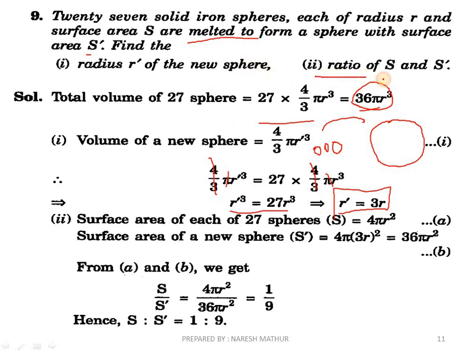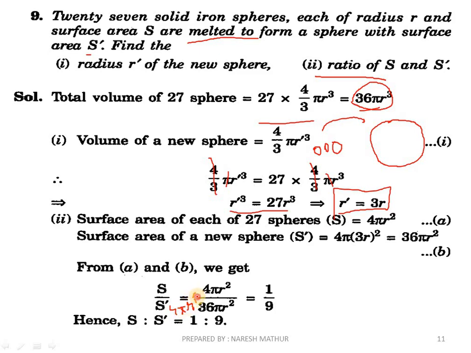Now we need to find the ratio of s and s dash. So simply we can put the value of r in the formula 4 pi r square, and when we apply 3r in the place of r, it would be 36 pi r square. See here, the formula which we have to use is 4 pi r dash square.